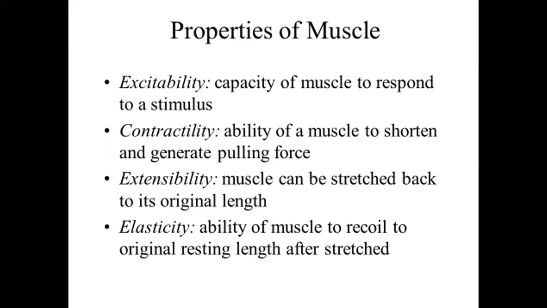They have the capacity to respond to a stimulus, and that stimulus could be an action potential. So that is called excitability: the capacity of the muscle to respond to a stimulus, and these stimuli are action potentials.